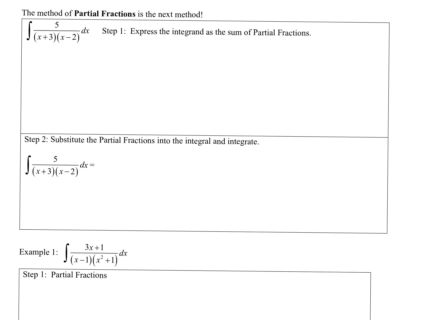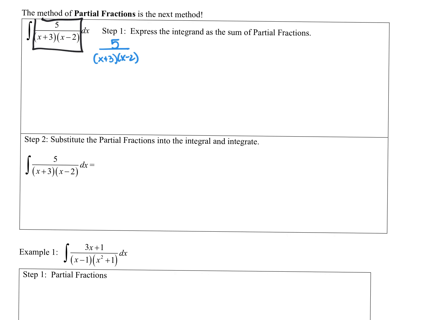It's a way to break down the integrand, or the part inside, into a set of partial or part fractions. So we're going to take our integrand, or the thing inside. The time when you're going to use partial fractions is when you see the denominator already in factors, or you can factor the denominator.